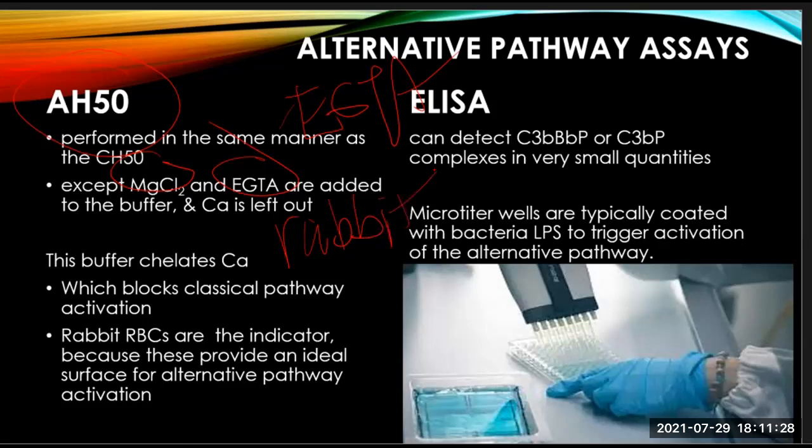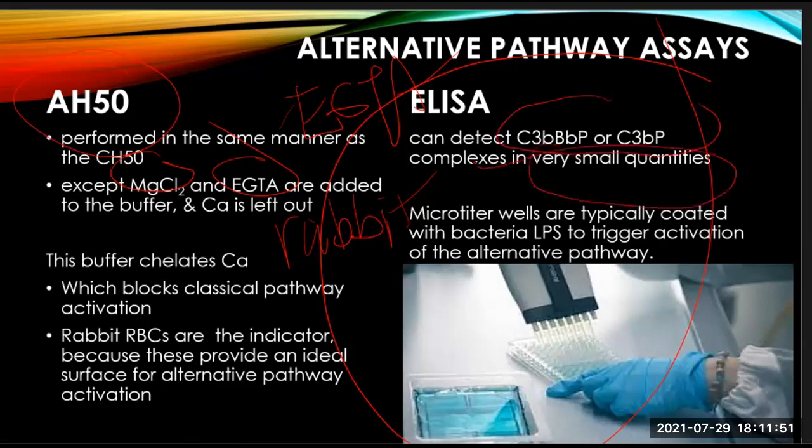So, another additional means of testing for the alternative pathway function is via ELISA or enzyme-linked immunosorbent assay. One such test can detect C3b, BbP, or C3bBbP complexes in very small quantities. In very small, take note. Ganito yung ELISA, naka 96 microtiter well plate commonly.